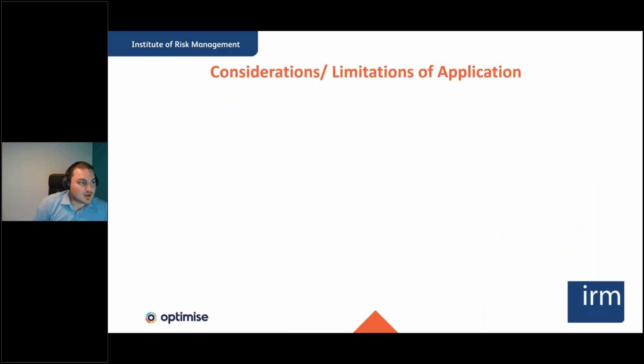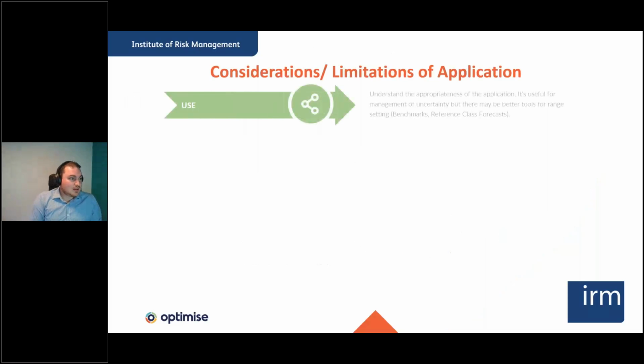So just a couple of considerations and limitations of application that we need to be thinking about. We go back to slide 1, the use, the context. What's the application? What's it being used for? Is it appropriate? It's useful for the management of uncertainty, but there might be better tools on the market for, or in our organization's corporate knowledge and corporate history for range setting, depending on where you're at in your different maturity points of your project, your program, your portfolio.